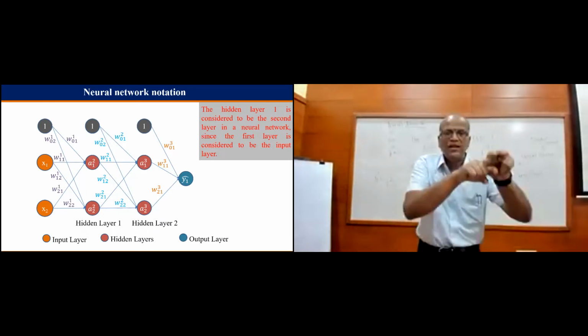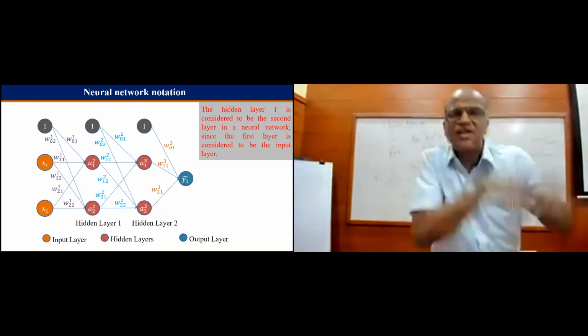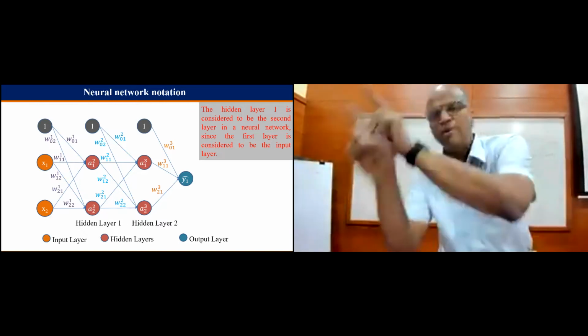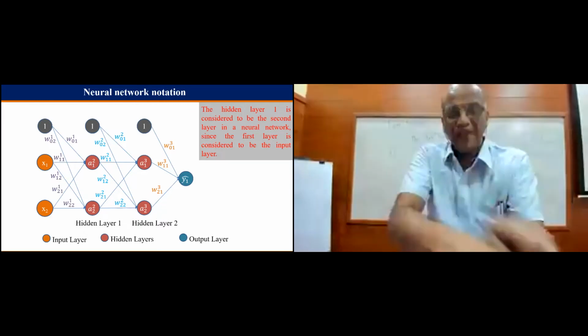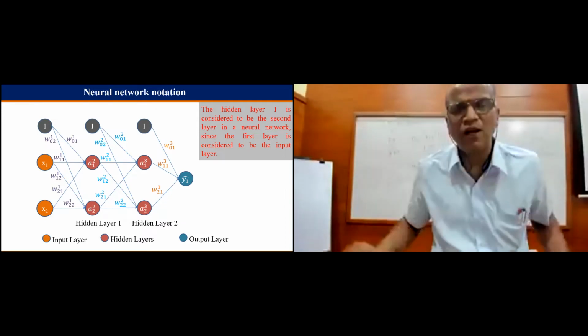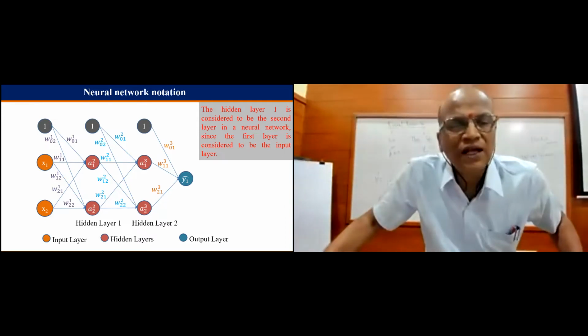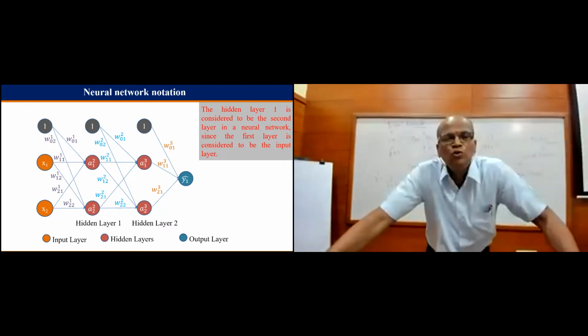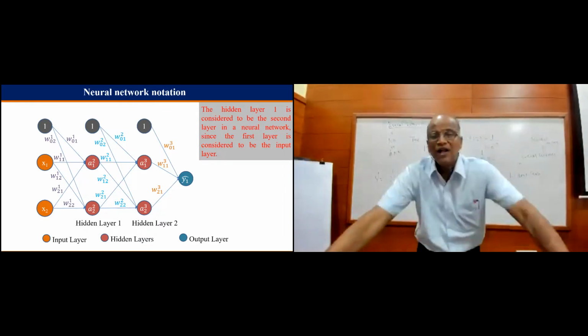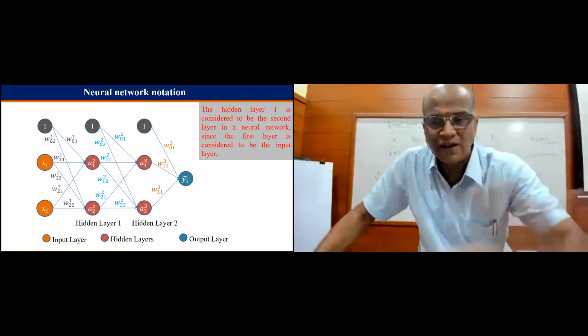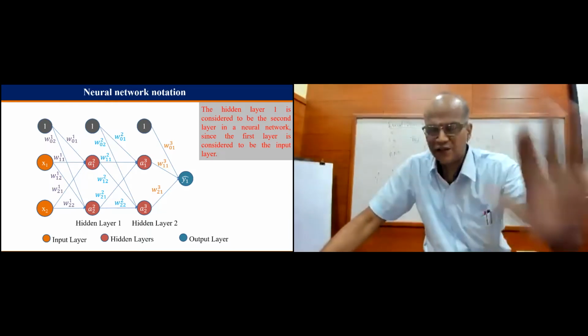Then the input coming from the orange neuron X2 in the input layer to the maroon neuron A12 is W21 superscript 1. As yet, all of these are unknown. The challenge is to find them.